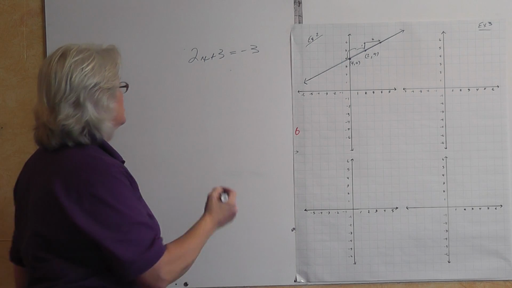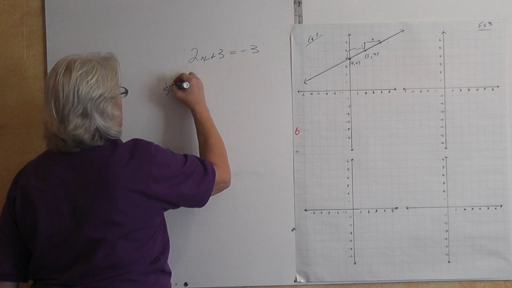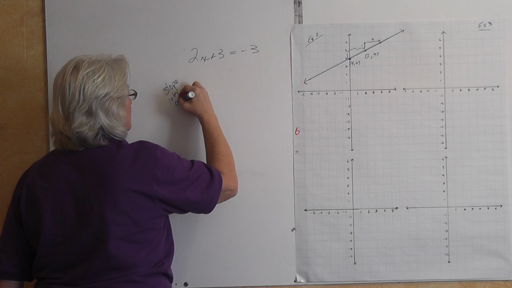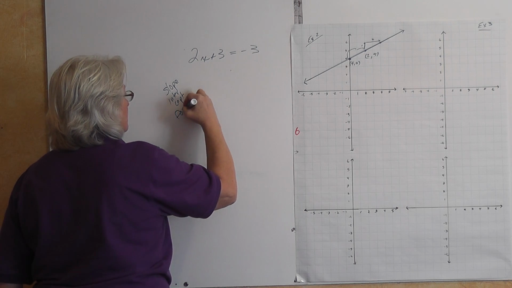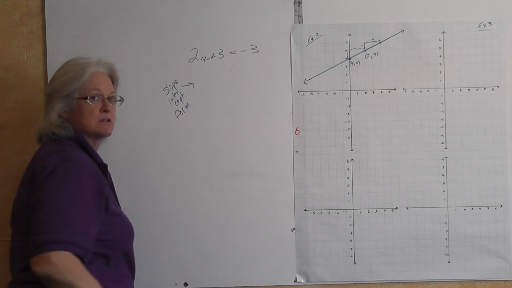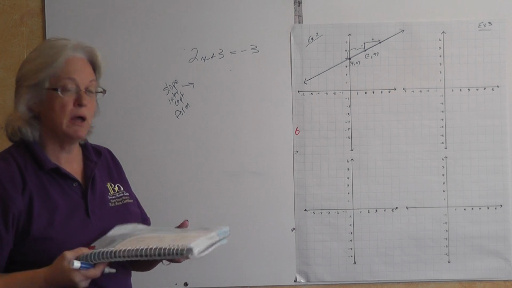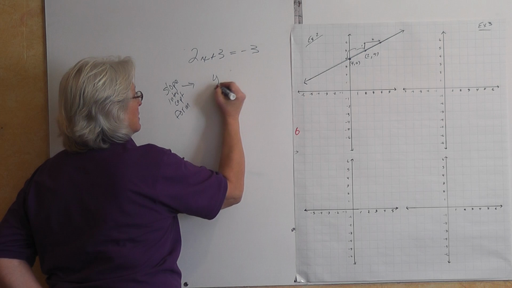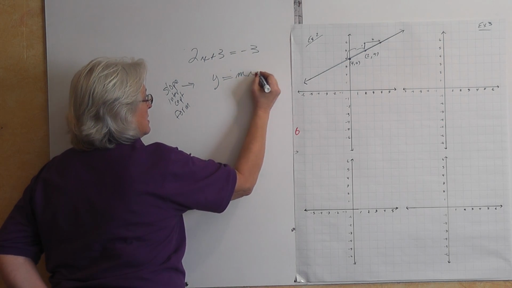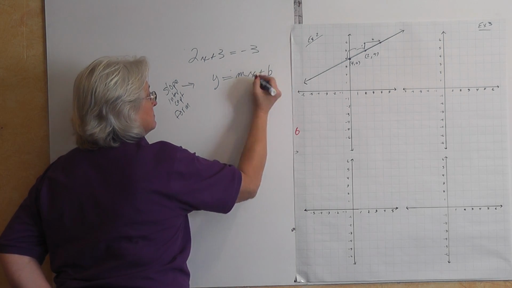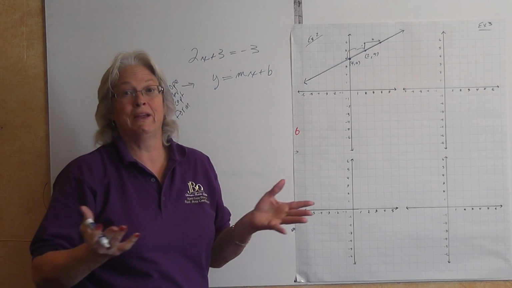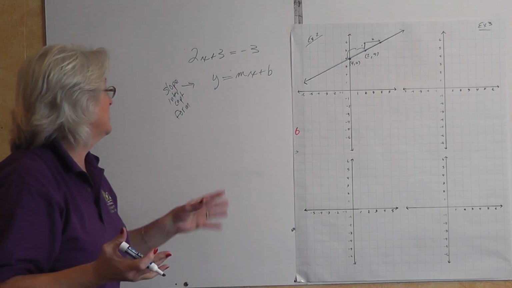You want to put it in slope-intercept form. And for this section, every time that you have to convert, you might just want to write y is equal to mx plus b. The more times you write it, you'll ingrain that in your memory, and you'll never forget what slope-intercept form is.